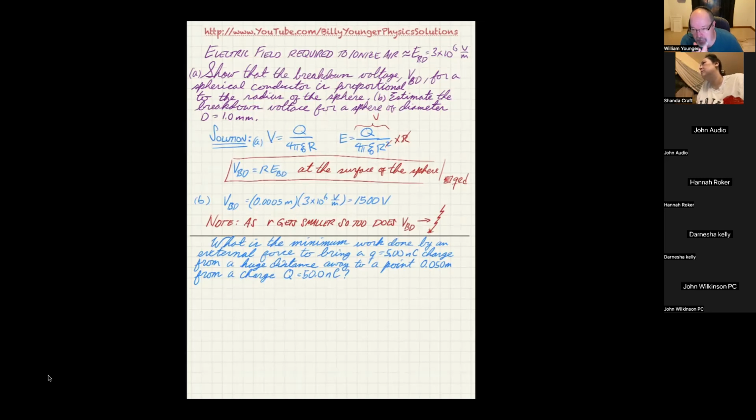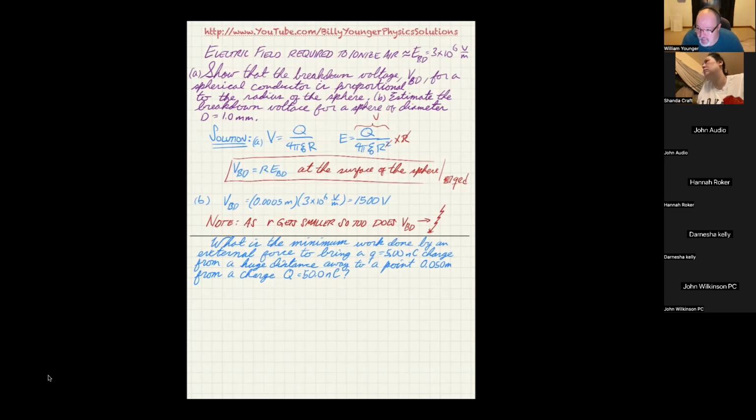Because the reason I bring this up, I know this is something that students keep doing, and I don't know why, but it's literally only like 4 out of 20 students do it just about every semester. They think that V equals ED is some applicable equation for just about everything, and it's not, okay?